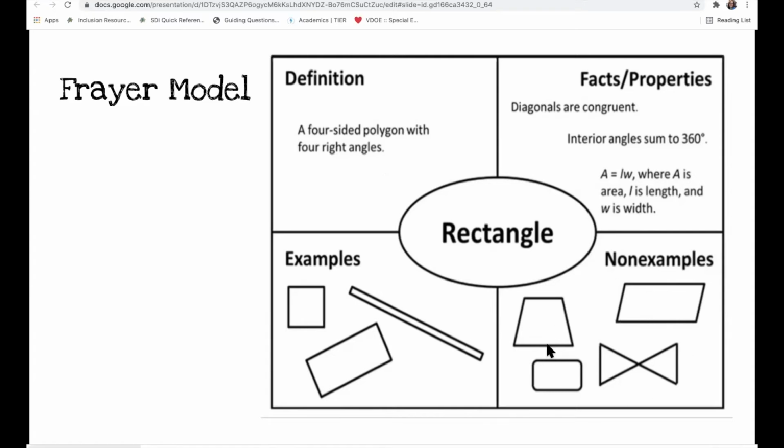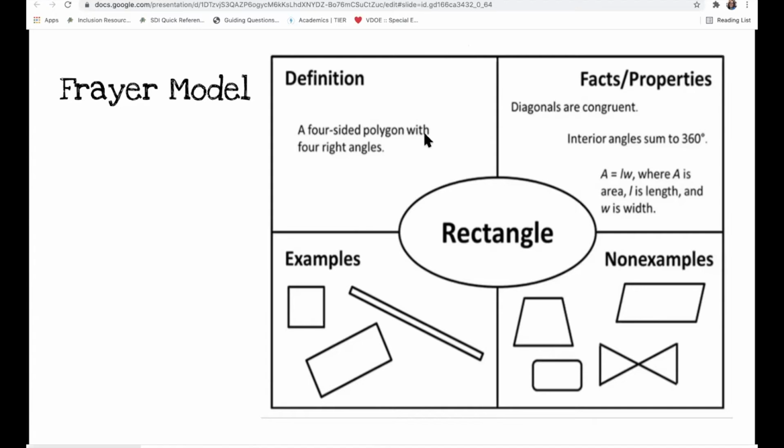One of the things that I like to do with this is I take this Frayer model and I take this part out and I create another card with that. Now I've got all 4 of these things on there. I cut these up and I create a matching game with it. This is one of the things that you can do to help your students.